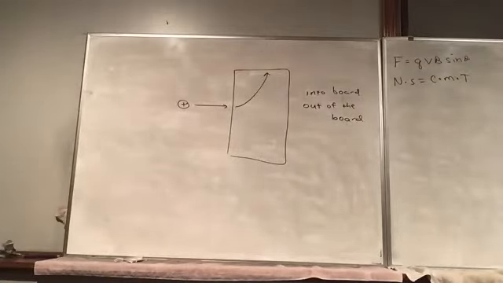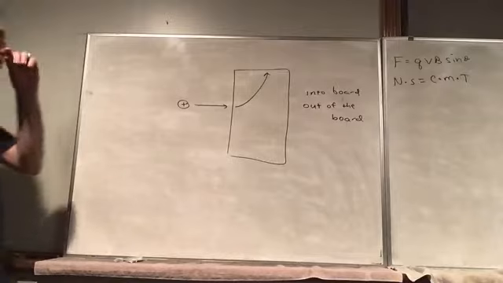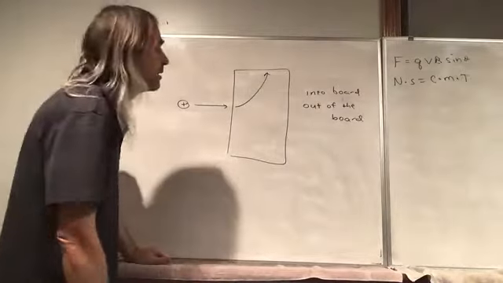So, anyone want to give one of these a try? I don't know what the answer is. Let's guess into the board. That actually works, so it only takes one guess.